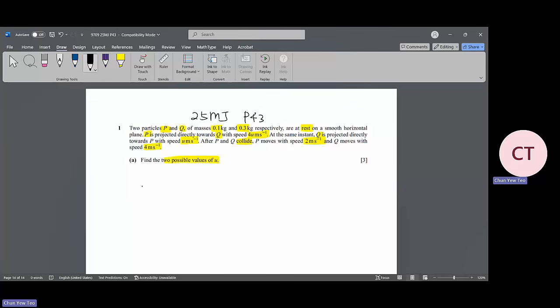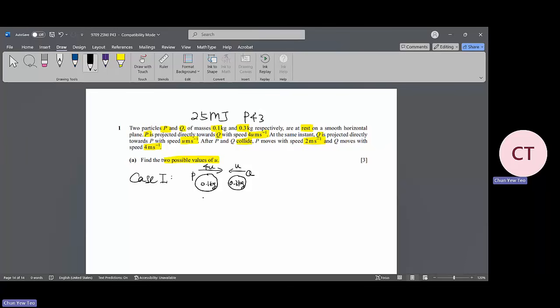Here, we shall consider two different cases. Case 1: this is P, 0.1 kg, and this is Q, 0.3 kg. P is moving towards Q with 4u meters per second and Q is moving towards P with u meters per second.